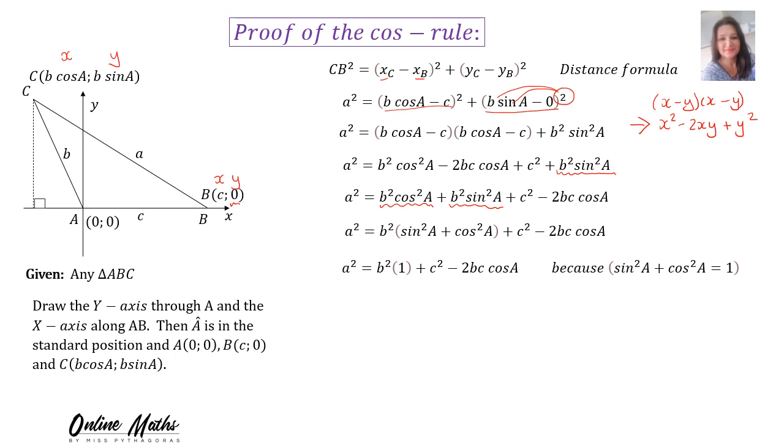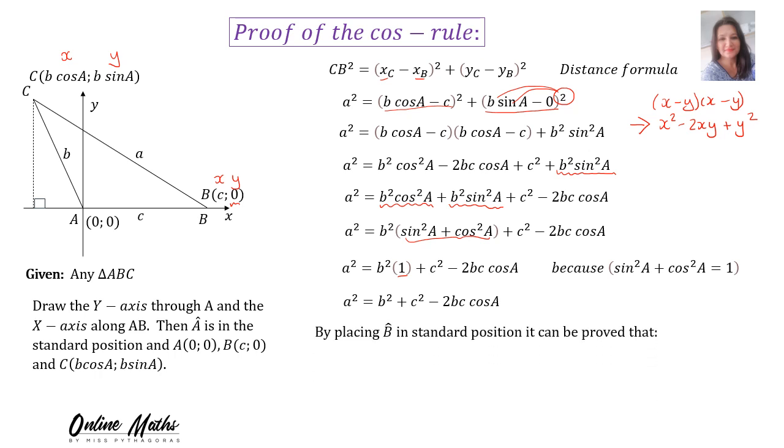So in sin squared A plus cos squared A's place, I substituted 1. And now I end with a squared is equal to b squared plus c squared minus 2bc cos A. Well, that's the cos rule.